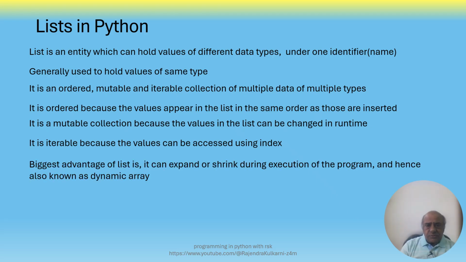How lists differ from arrays in C is that a list can be expanded or shrunk during execution of the program, and hence it is also known as a dynamic array.